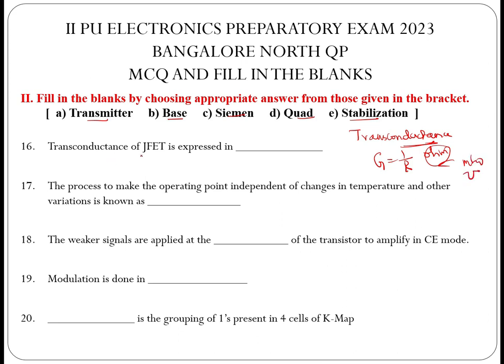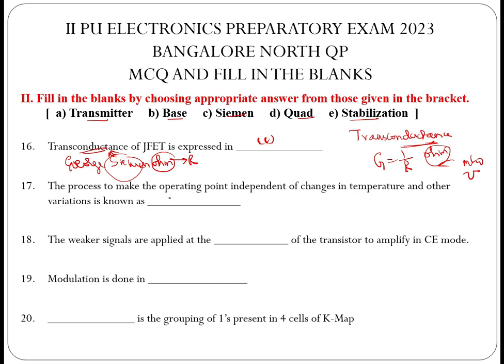Mho is not given. It has been given to honor the scientist George Siemens. Ohm is taken for resistance, Siemens is taken for conductance. So, option is C.